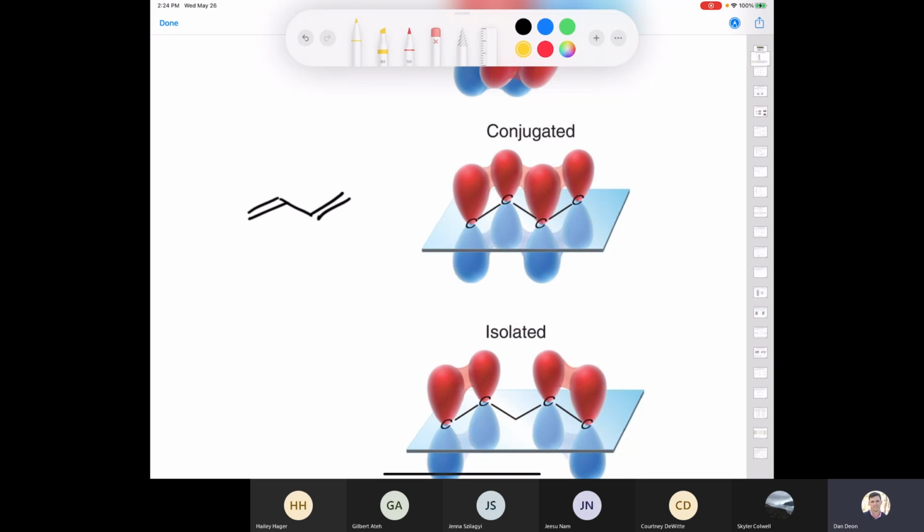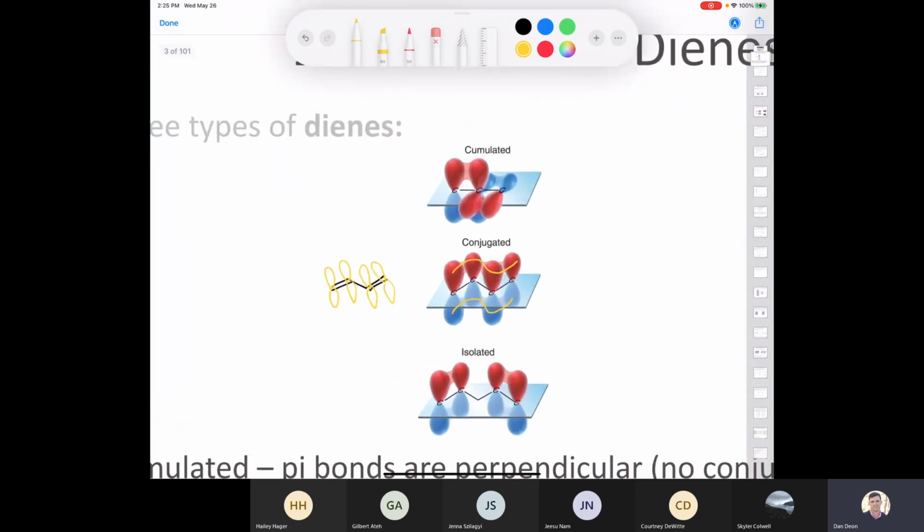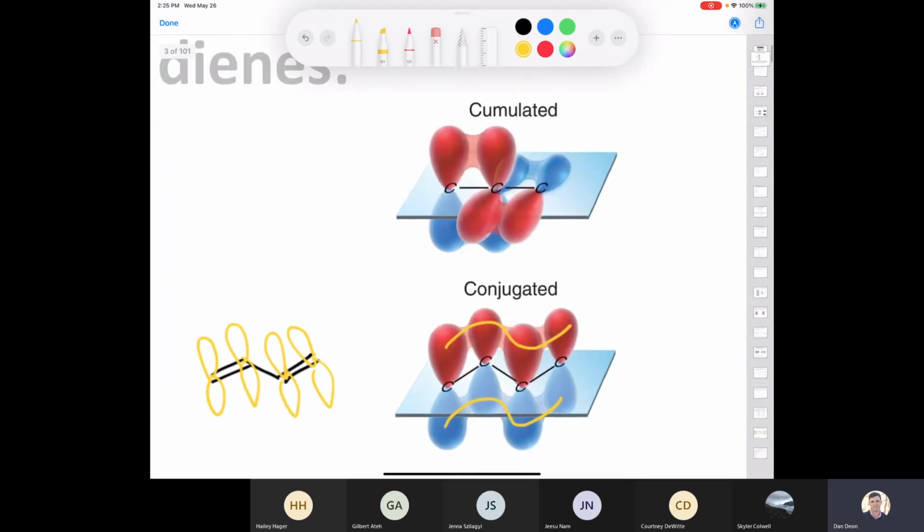Remember, each one of these sp2 hybridized carbons has a p orbital on it, and that's what's drawn here, a lot better than I can do. But what you see is that they completely overlap. They form that conduit, so the pi electrons are delocalized throughout the entire molecule. Whereas if we look at the cumulated, you can see that the pi bonds are actually perpendicular to each other here on this carbon that has both double bonds on it.